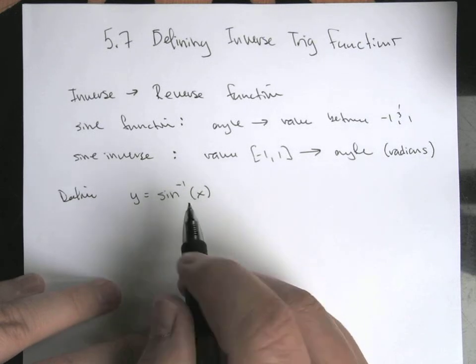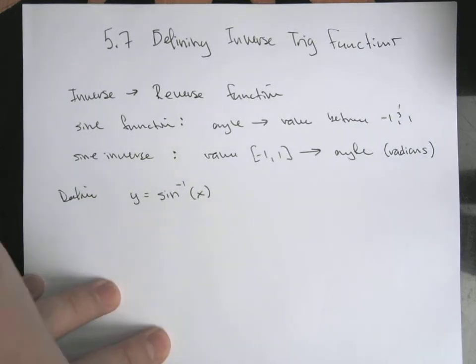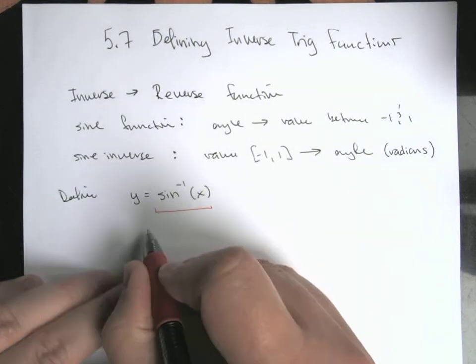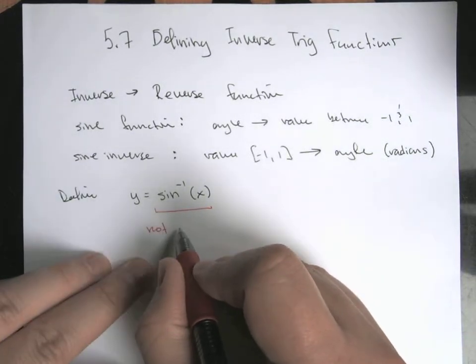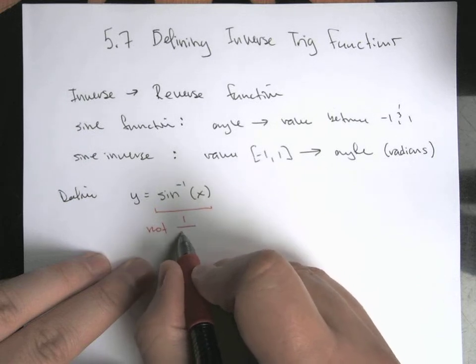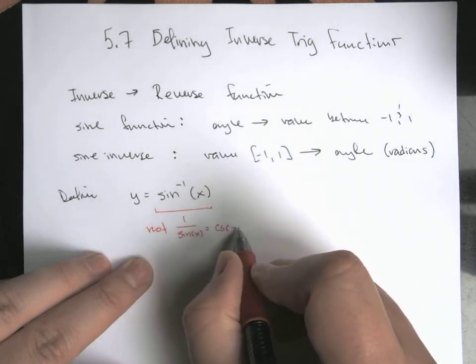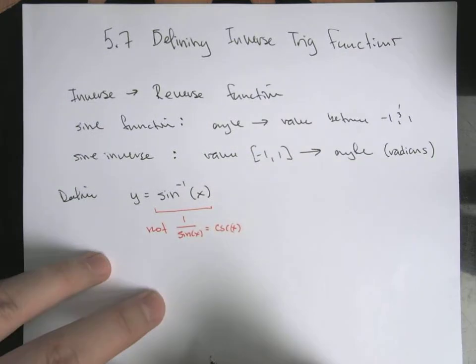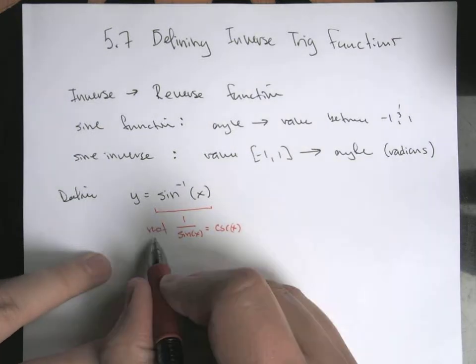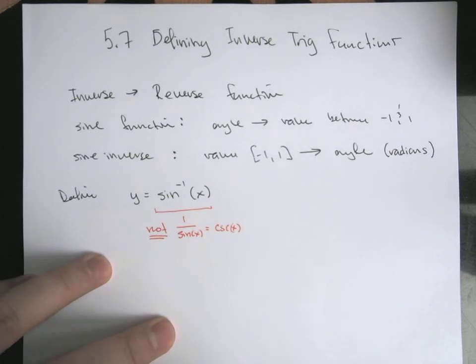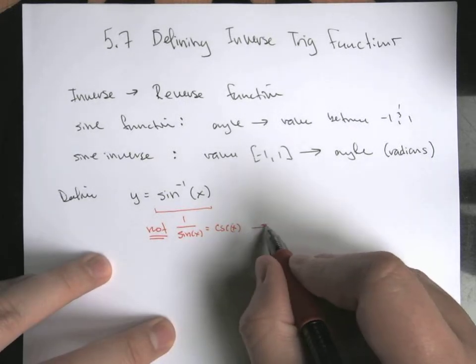exponent. It's super important to note, and this is a little bit of a confusing thing, that this is not the same as 1 over the sine of x, which would be the cosecant of x. So this is not a reciprocal. This is an inverse. This is an extremely confusing notation.